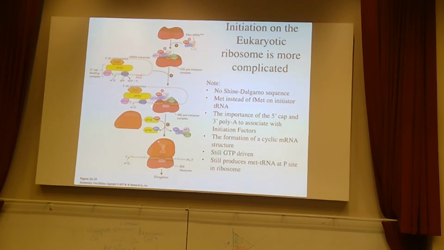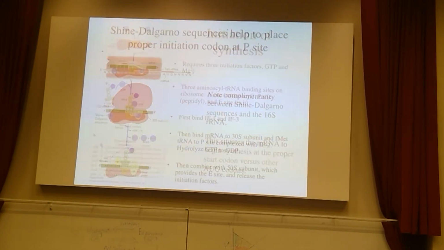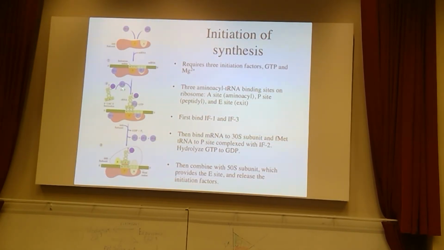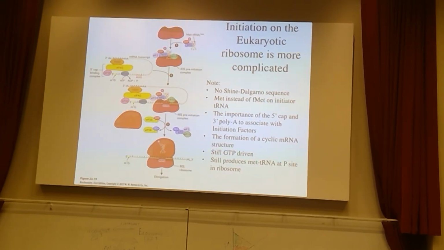You'll note that this initiation factor 2, just like in this case here, IF2, binds to the incoming initiator tRNA and has GTP associated with it, basically the same thing here.